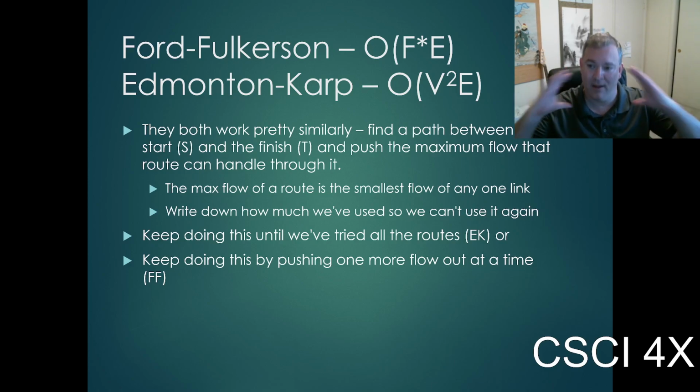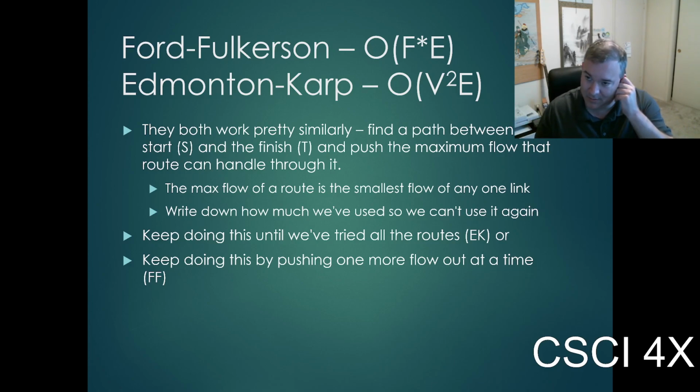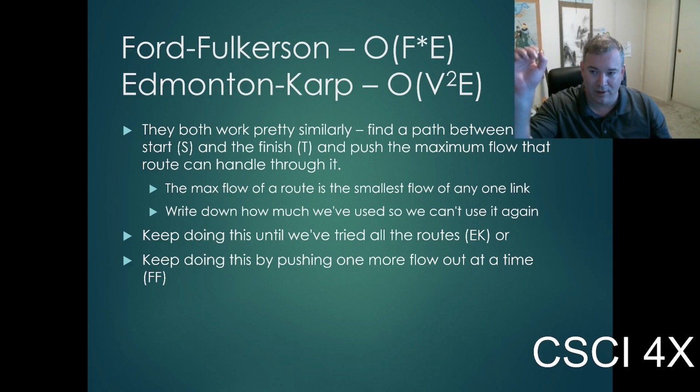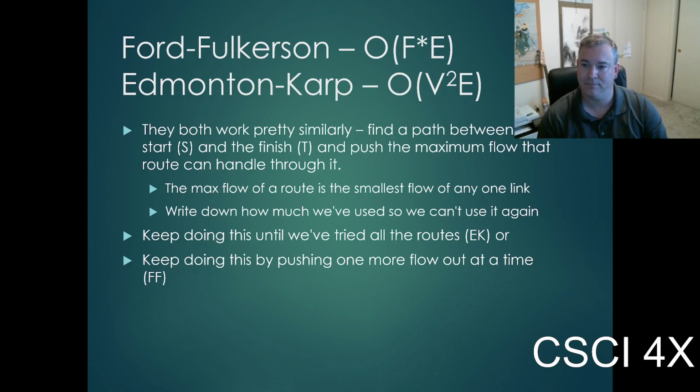If you've got a pipe that can handle 5 gallons per second, you're currently putting 3 gallons per second through it, you have capacity of 2 left. So you just keep pushing water through different routes through the system, and each time you push water through, you mark down the remaining capacity. And you keep doing that until there's no capacity left.